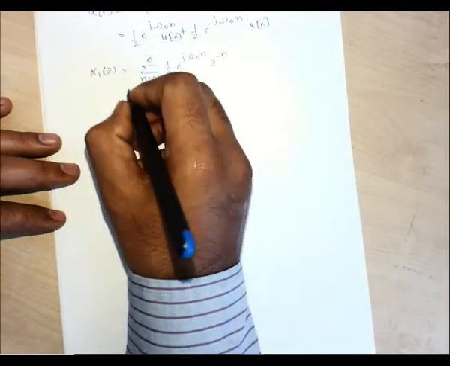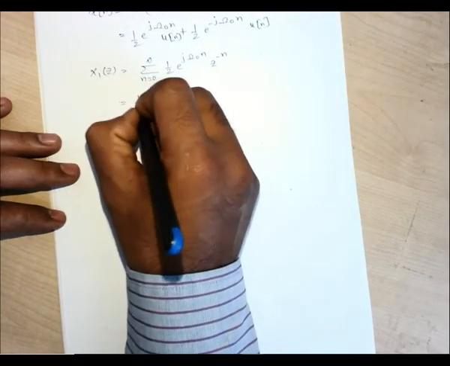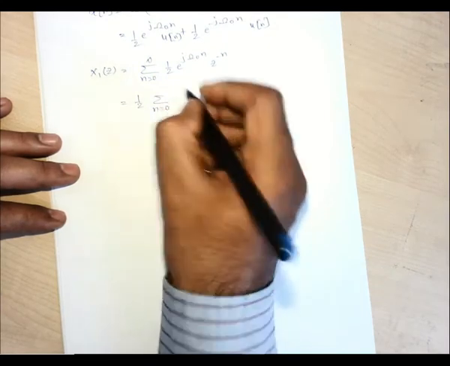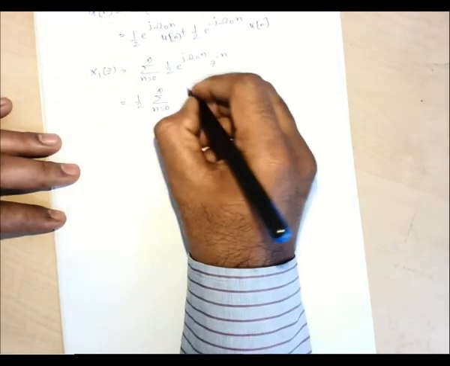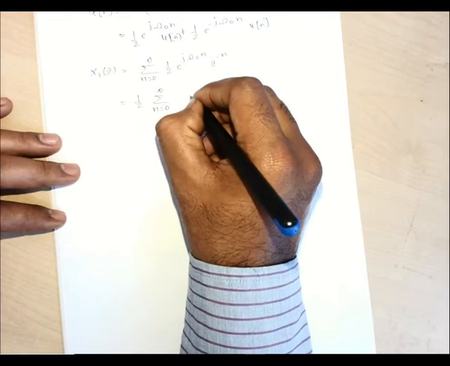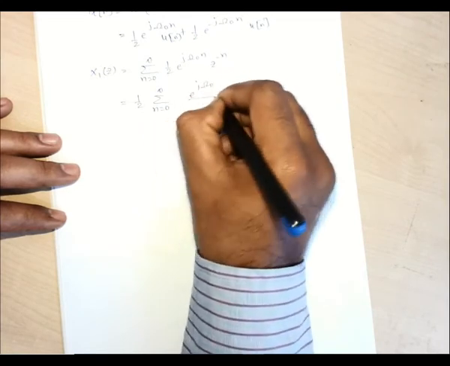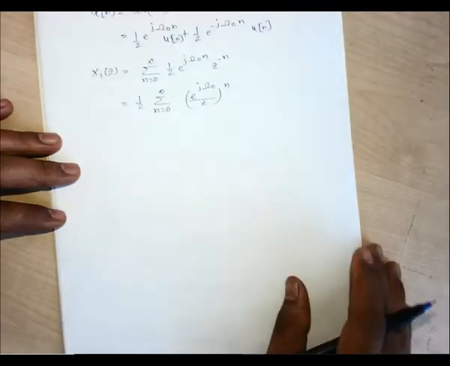If we take the half common, this becomes summation n equals 0 to infinity of e to the power j omega naught by z, whole to the power n.